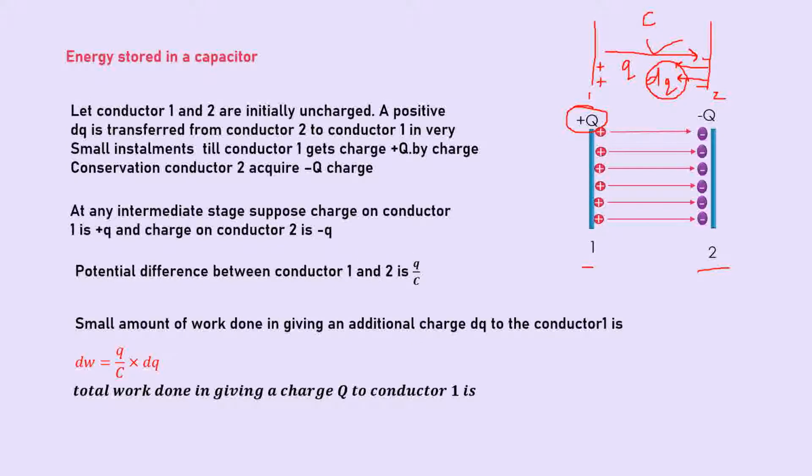So total work done in giving a charge q to plate 1 is W equal to the integral from 0 to q of q by c dq. Since c is constant, 1 by c is taken out of the integration. Integration of q dq is q square by 2. So we get 1 by c into q square by 2.